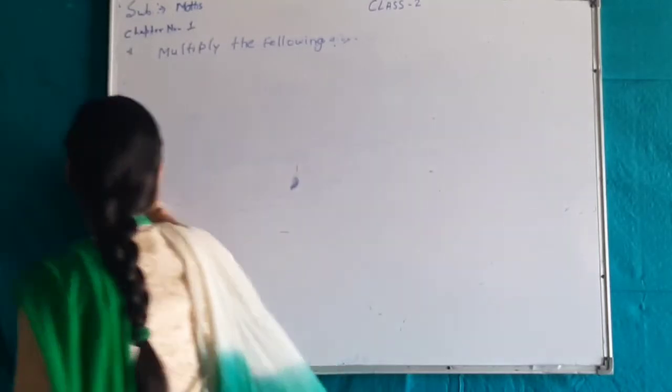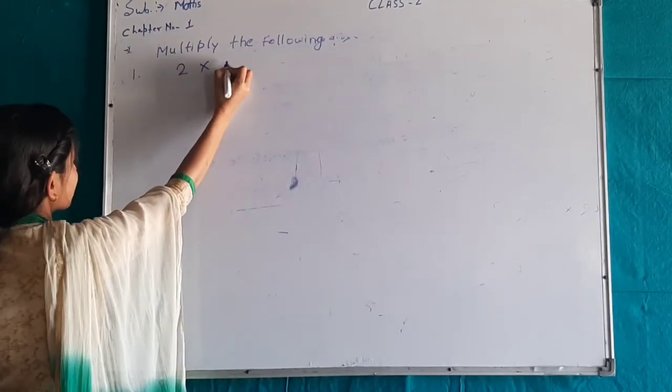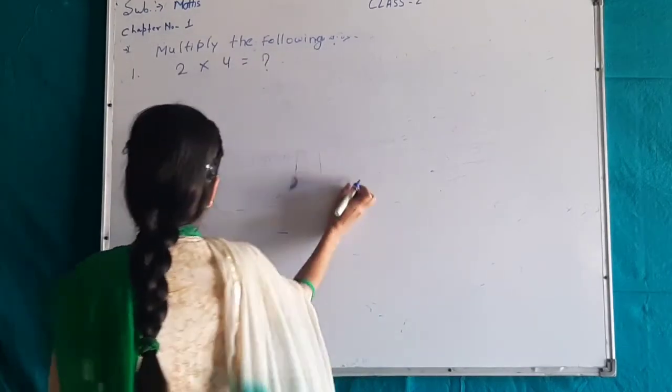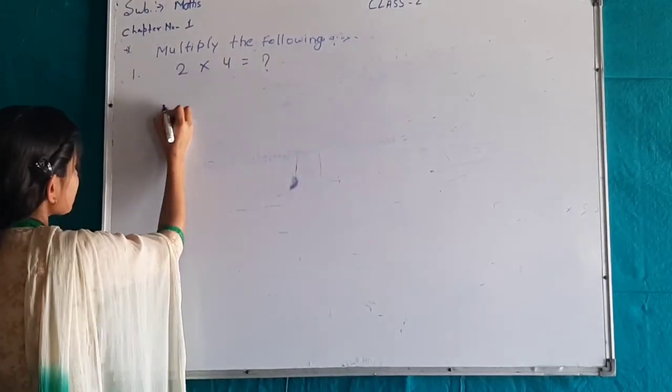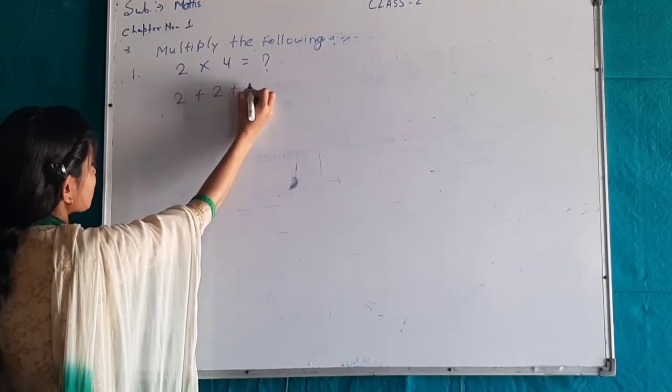We have some digits to multiply. 2 into 4 equal to what? We can multiply it in this way. 2 into 4 means we can write 2 four times: 2 plus 2 plus 2 plus 2.